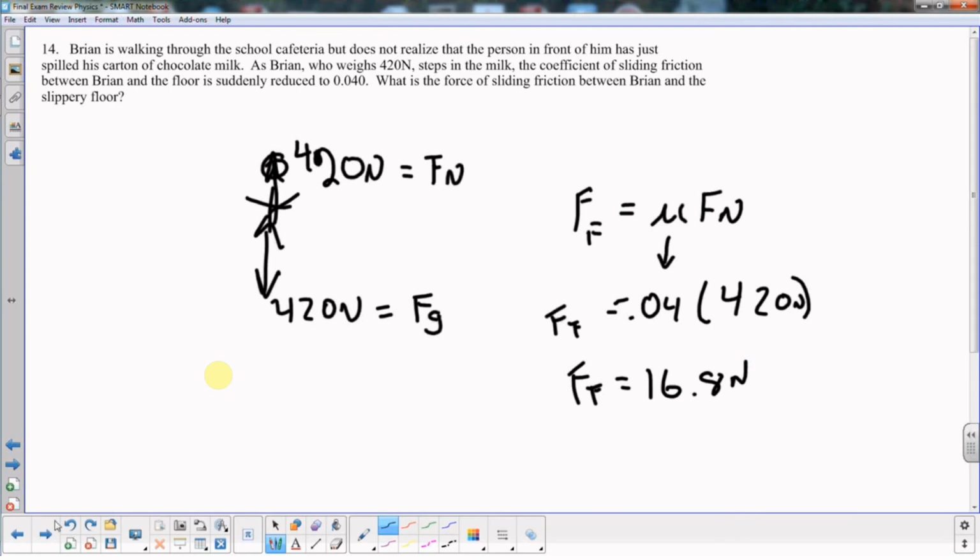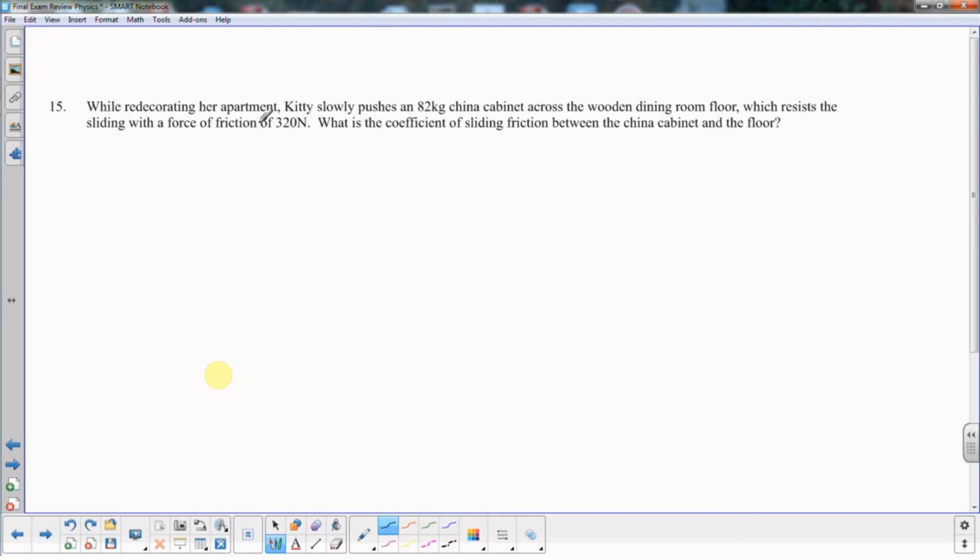Continuing, while redecorating our apartment, Kitty slowly pushes an 82-kilogram china cabinet across the floor, which resists with a force of friction of 320 newtons. Basically, calculate mu. So again, here's this thing. Kitty's pushing it. It has a mass of 82 kilograms, which means it has an Fg of 820.